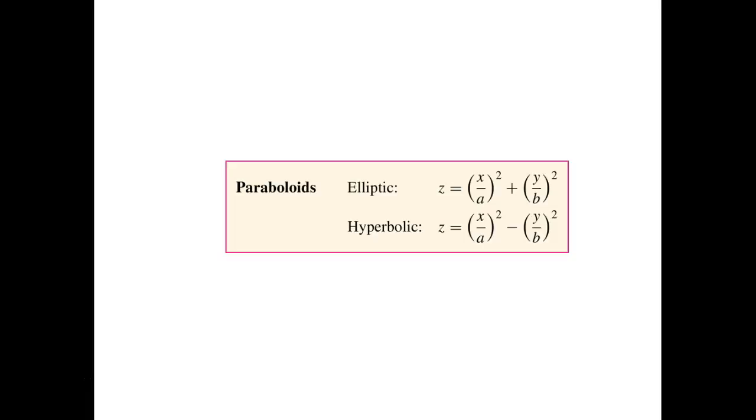In 3 dimensions, it's a sphere. 2 variables on the plane, both squared with a plus sign in between, but different coefficients, you have an ellipse. That circle gets flattened. One axis gets elongated, the other gets shortened.